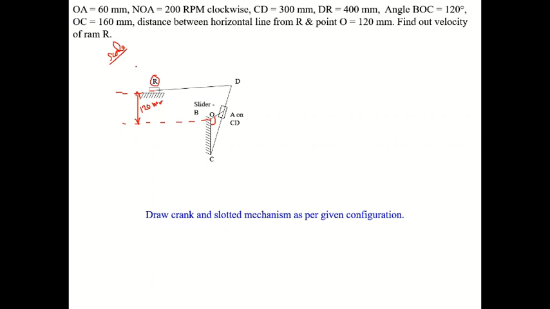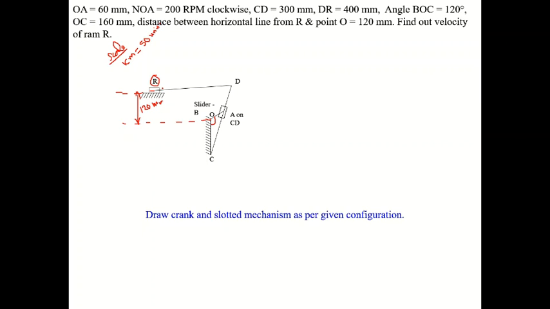OA length is 60 mm, CD length is 300 mm, DR length is 400 mm. Let's scale like this: 1 centimeter equal to 50 units.